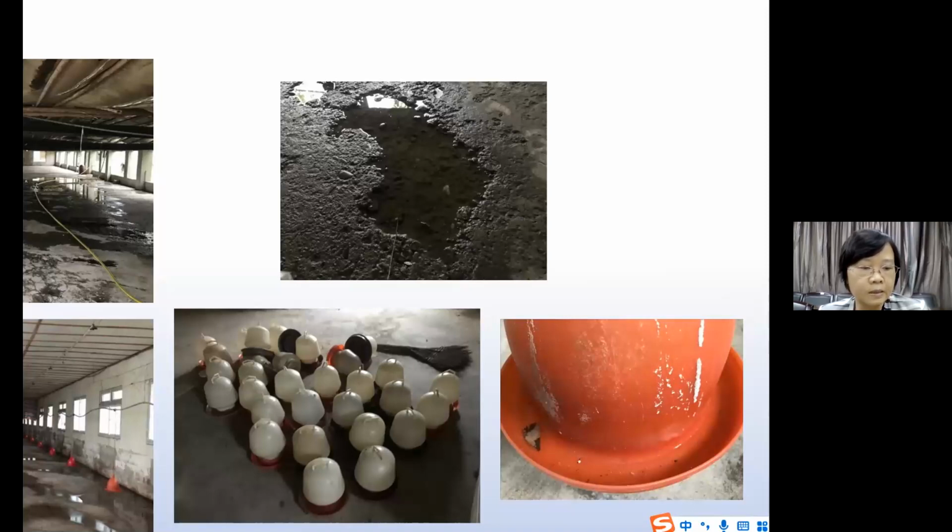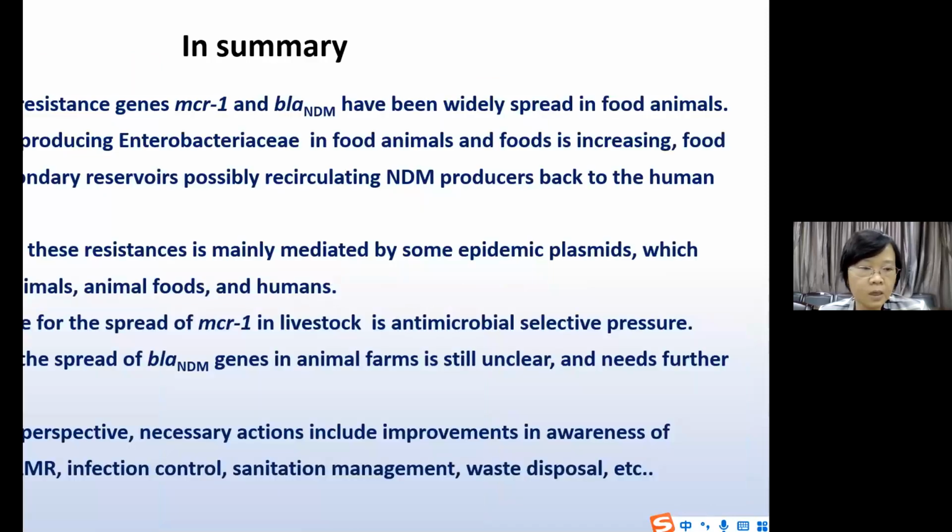You see, even when there are no chickens, these bacteria are growing and could persist. When there are NDM-positive bacteria, they could stay there for a long time. But the long-term persistence and the molecular mechanism of action are not sure, and we need to do further studies.